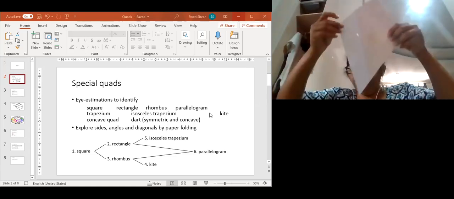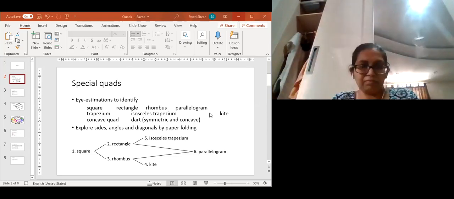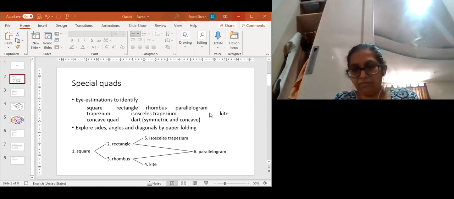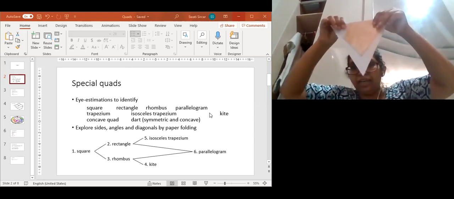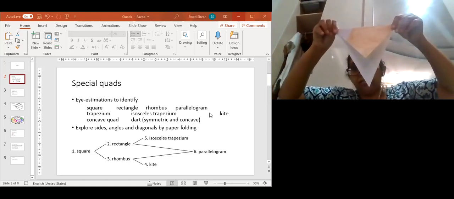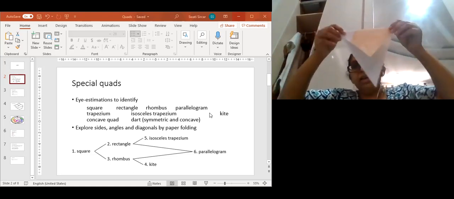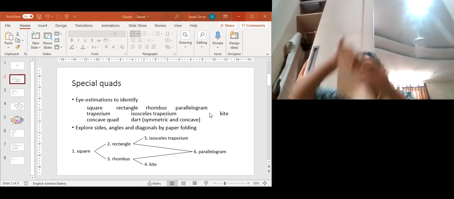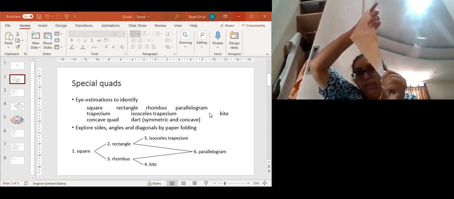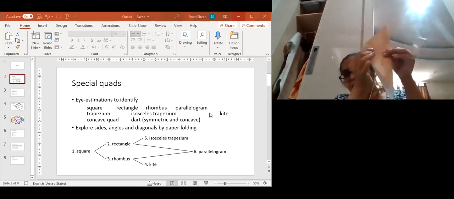Now, if I fold it this way, you can see that things are not overlapping exactly. On the other hand, if I fold it along the other diagonal, you can see that the two parts overlap exactly, just like in the case of rhombus.